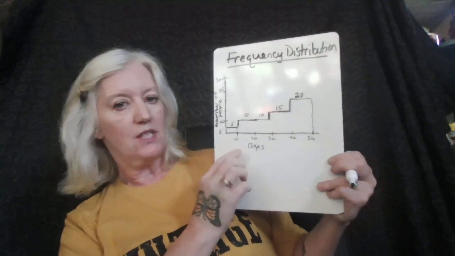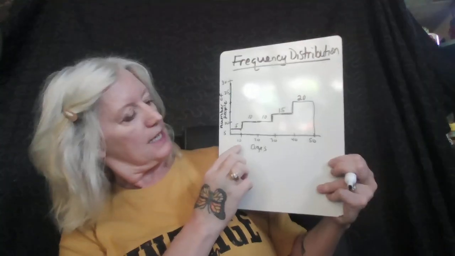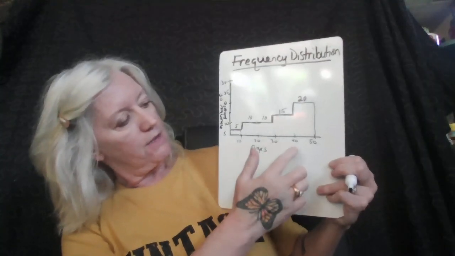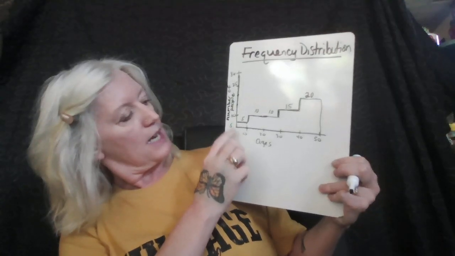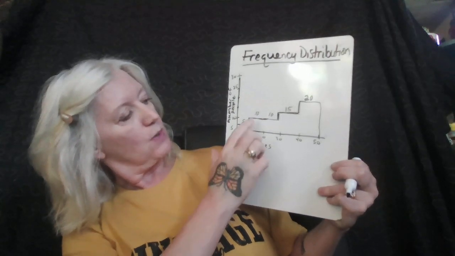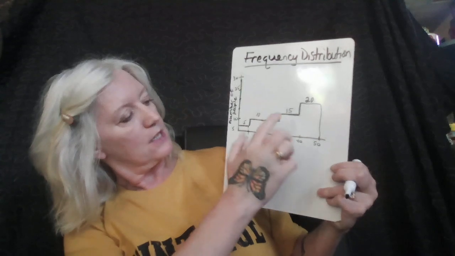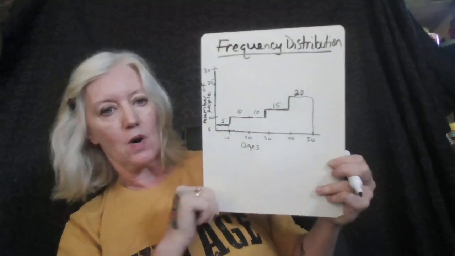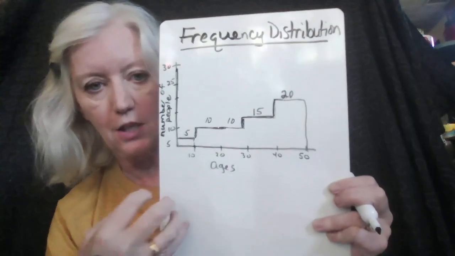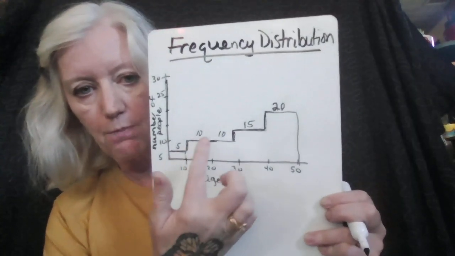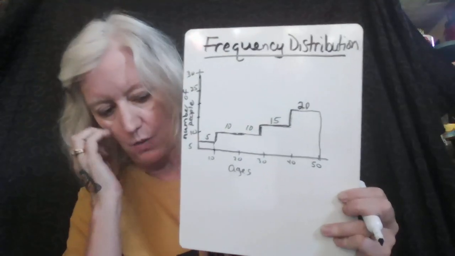So we're going to have these intervals of ages from 0 to 10, 10 to 20, 20 to 30, to 40, and to 50. So all the people that are in this range, there's 5 of them, and from 10 to 20, there's 10 people. From 20 to 30, there's 10, 30 to 40, 15, and so on. So that is what's called a frequency distribution. I'm just literally counting. Each of these bars represents the actual count.